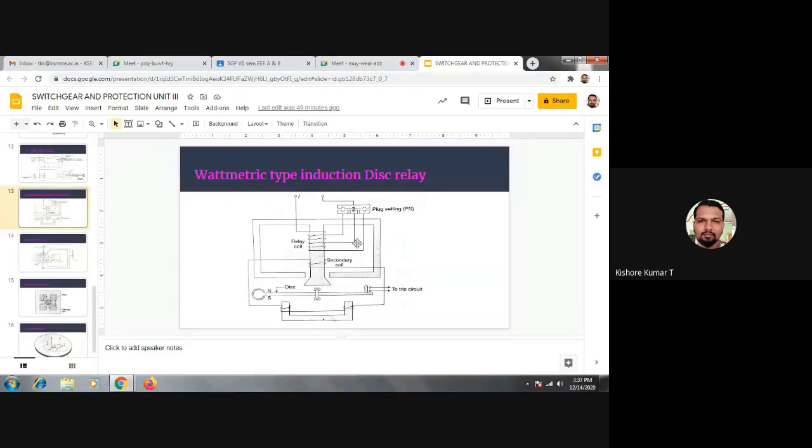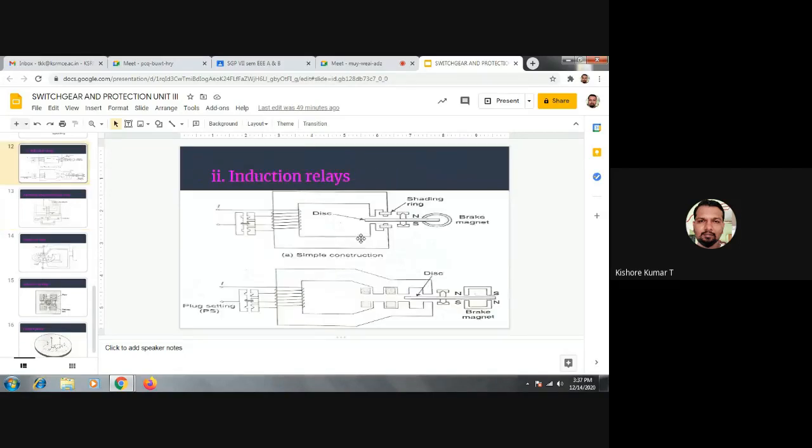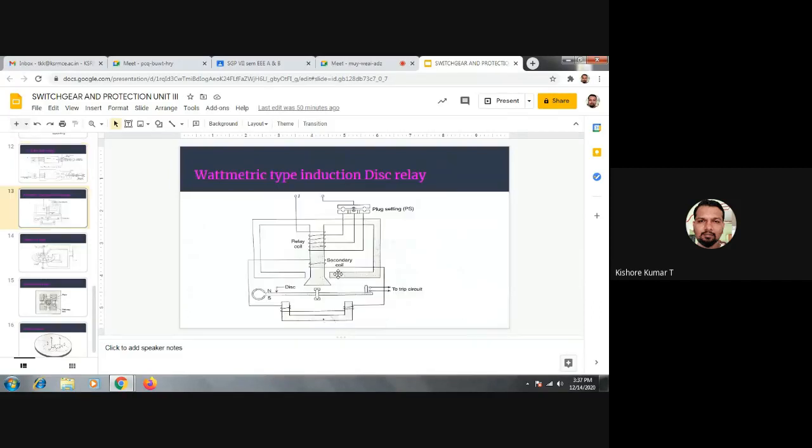Wattmetric type induction disk relay. Here, the same coil will develop two fluxes which are interacting with the disk. But here, in order to provide a better phase shift, we will be considering two poles. One is the upper pole and one is the bottom pole.